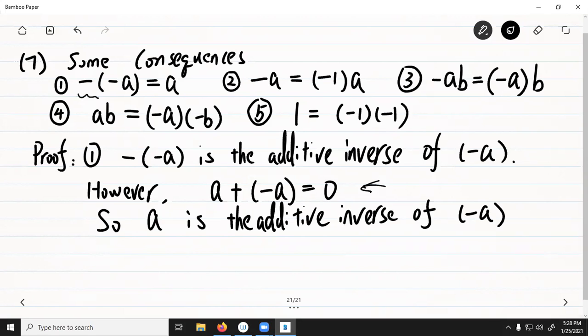Now, you see, we have two additive inverses of negative A. One is negative A. The other one is A. So now we want to conclude that these two are the same one. Which result should we use? Which result do we already have?